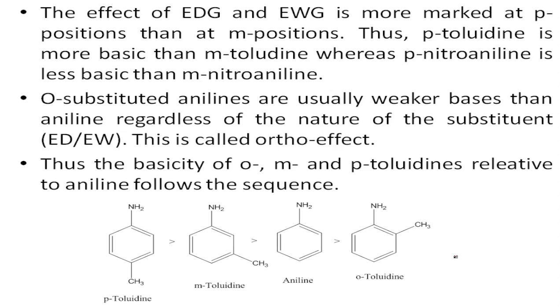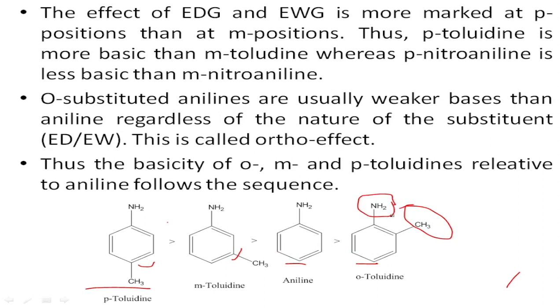So the substituents at the para position or meta position increase the effect. The para position is highly basic, then the meta position, then comes aniline, then comes toluidine. If the substituent is at the ortho position, the adjacent position, this is called the ortho effect.